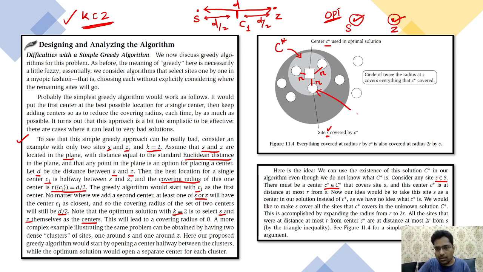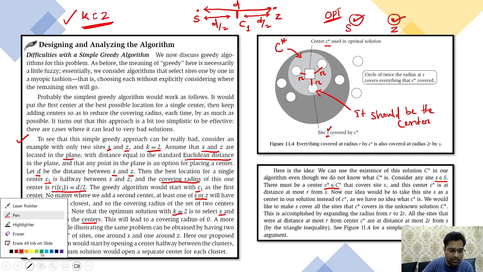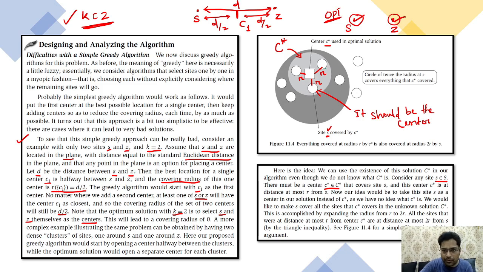Whenever I am saying it should be our center, in this case we will be applying the triangular inequality. Okay, so the triangular inequality case, whenever I am applying it here, I'm just changing the color now.